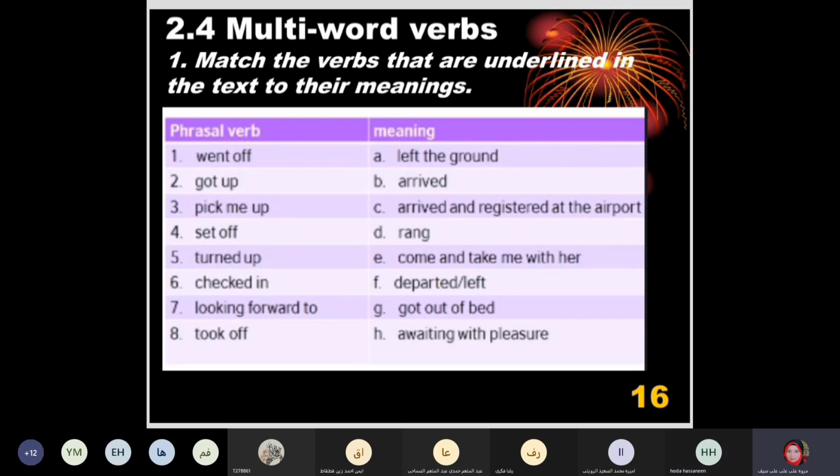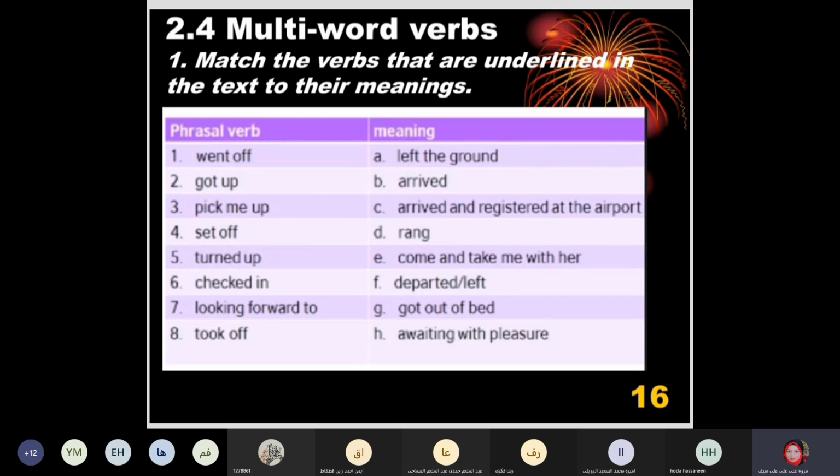Thank you very much. Okay, which verb takes an object of these verbs? Pick me up. Look forward to. Very good. You look forward to a cup of tea, look forward to seeing you, look forward to a visit to the Nile, for example.